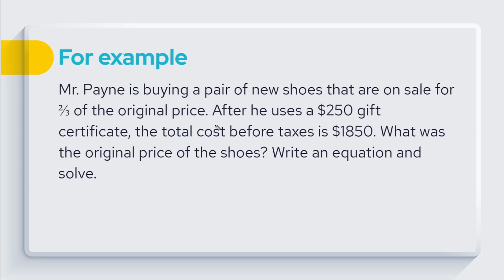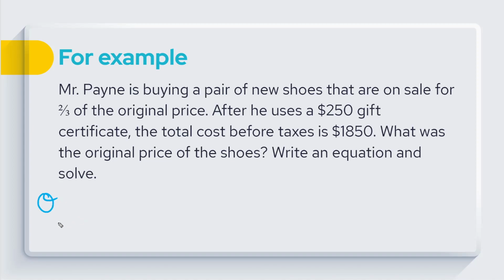So anyway, what was the original price of the shoes? Write an equation and solve. Okay, let's do it. Well, let's not use O because O is a letter that obviously looks like 0. So we try to avoid O in handwriting unless there's some way that you can make sure that your O's are definitely O's, like making it cursive or something.